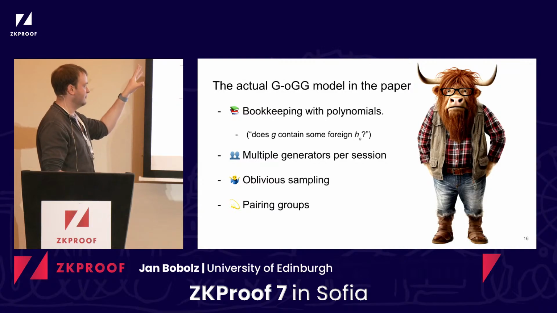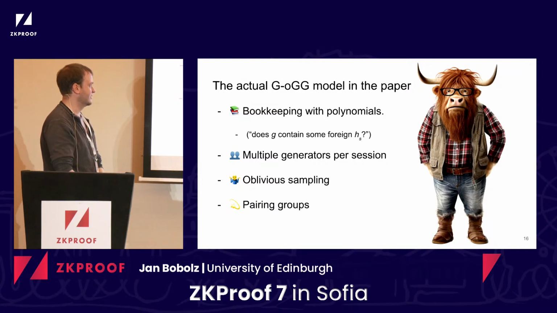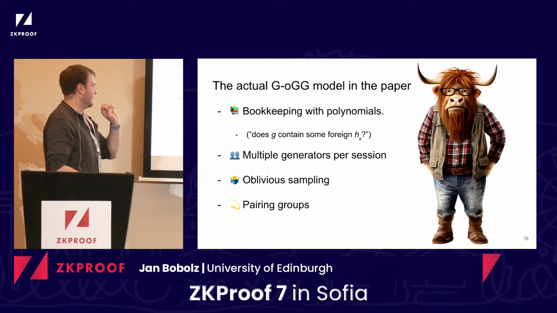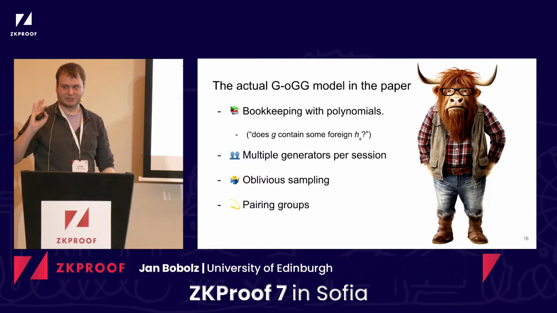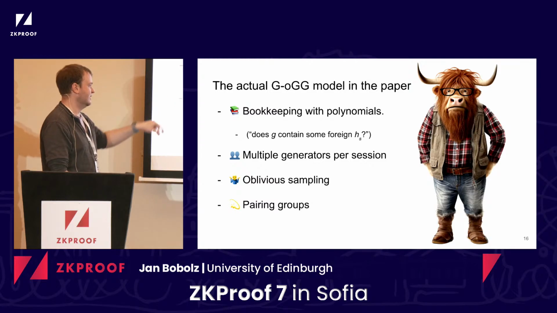We also have multiple generators per session, so it's not the simple scenario that I just said, that there's just one generator. We also built in oblivious sampling into the GGM, which I agree should definitely be there. And then obviously these are all pairing groups, which I didn't talk about. But yeah, this is an easy addition too.